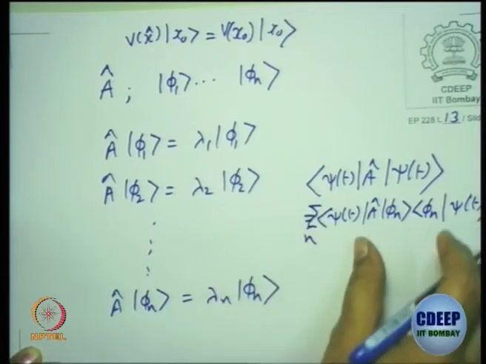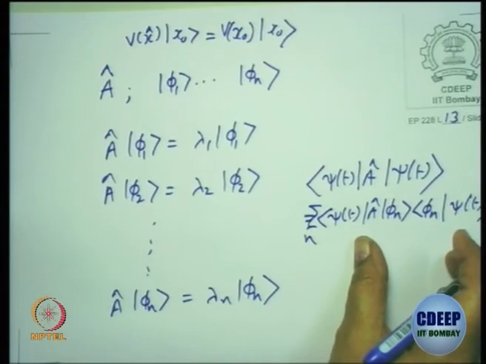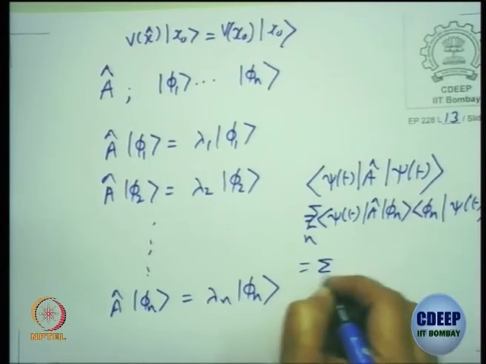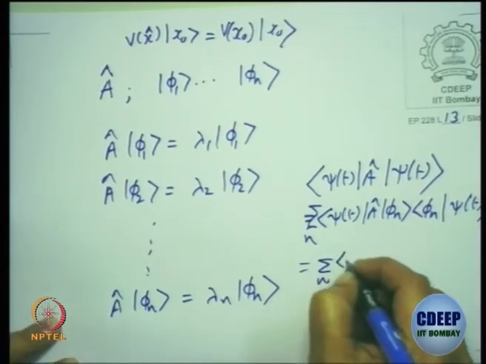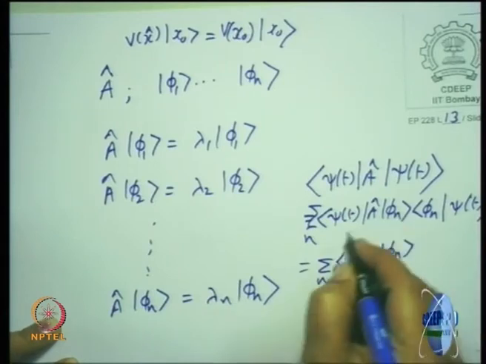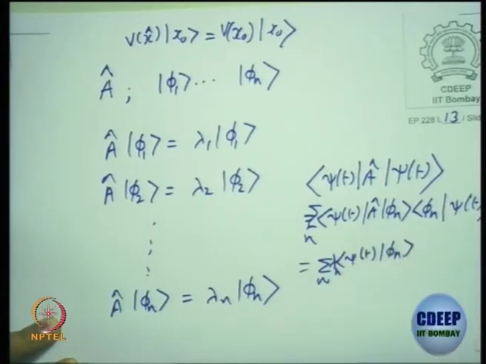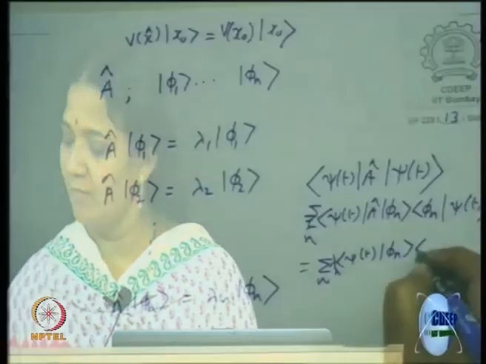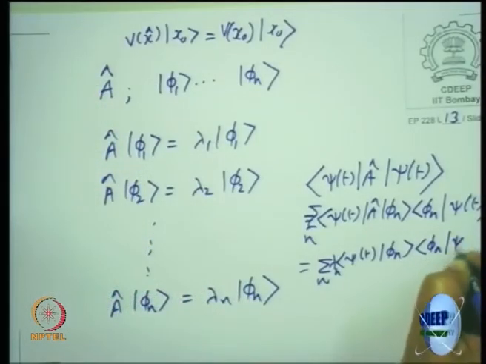So this is the complete set of bases which I have introduced. Okay, so then it simplifies to summation over n, psi of t, phi n, and you can put a lambda n out. A on phi n is lambda n, and then you will have phi n psi of t.